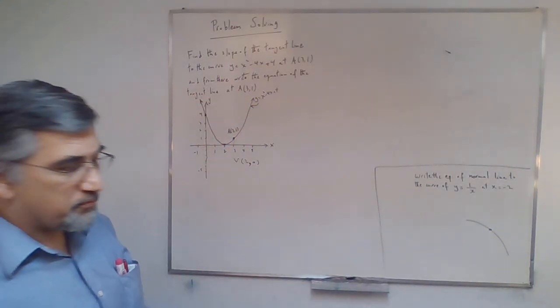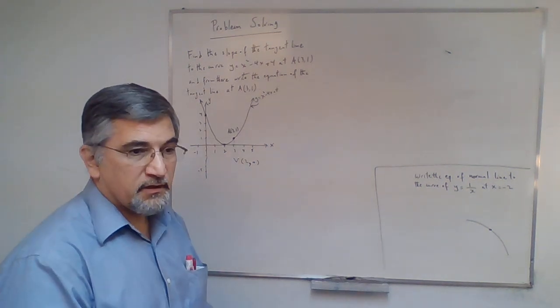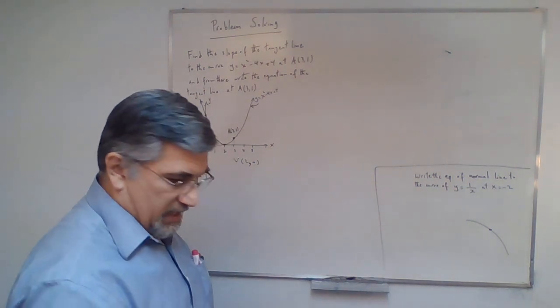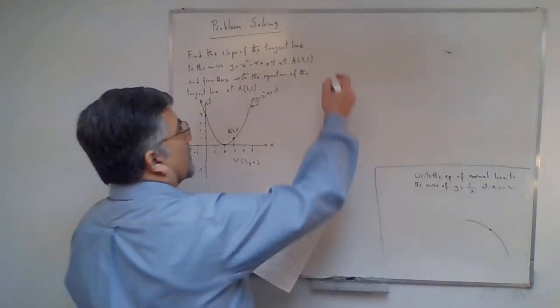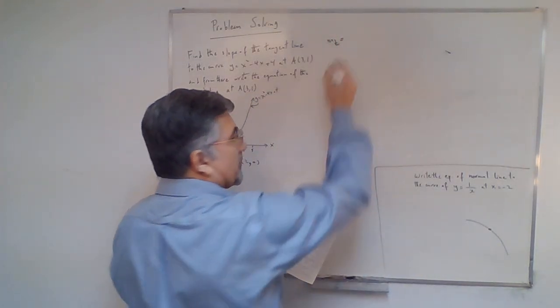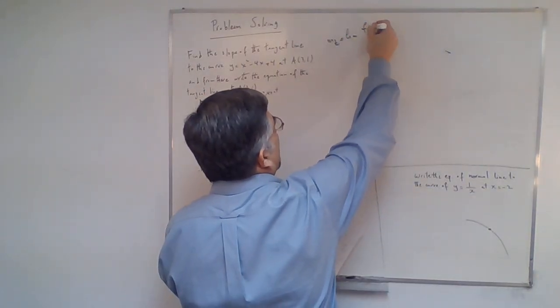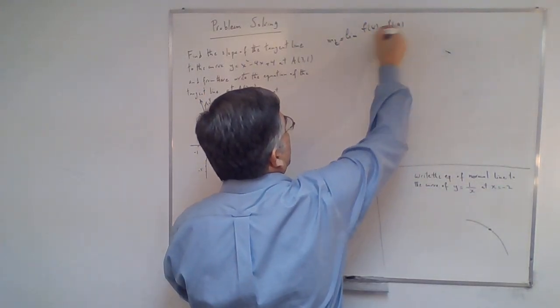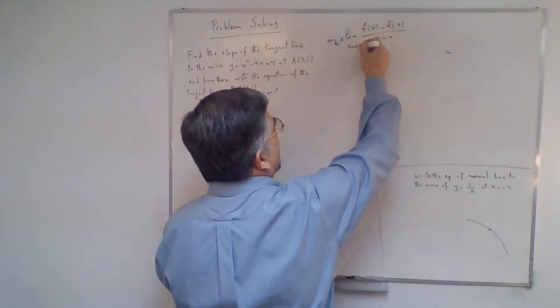But finding the slope, in the past, we used to find the slope using limits. And we can still do that. I'm not saying it cannot be done. So we can say m sub t, slope of tangent, is the limit of f of x minus f at a over x minus a when x approaches a, of course.